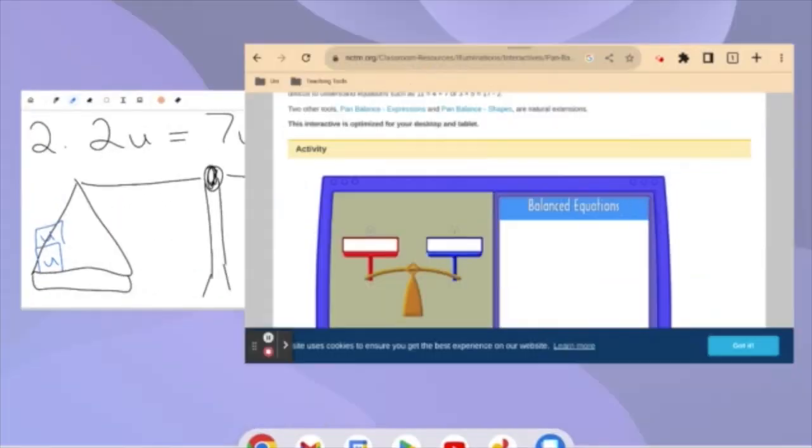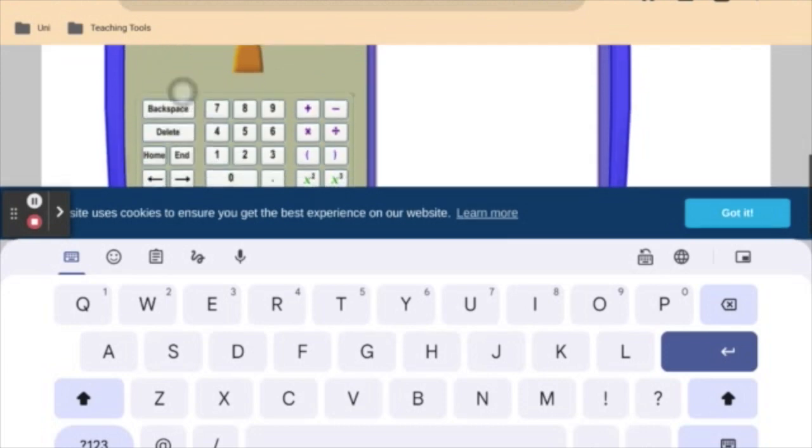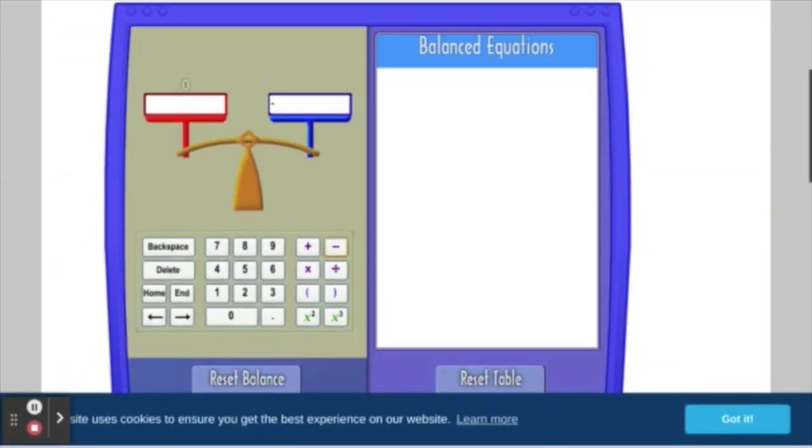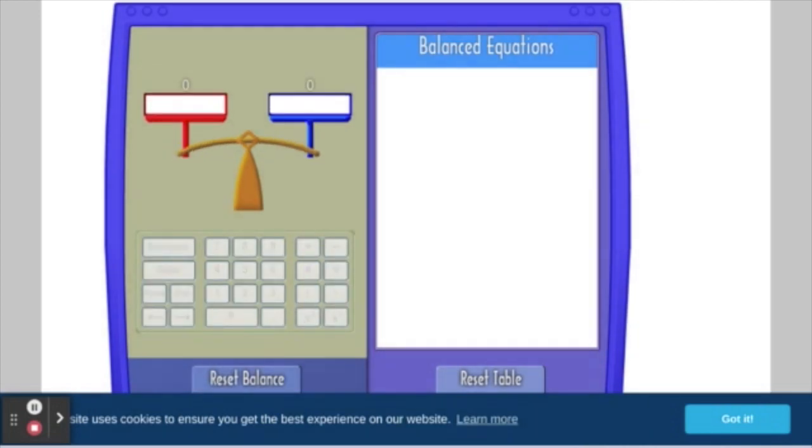So say I put into my right hand side, just to really mimic the equation, -20. Notice my scale gets imbalanced, right? And if I have -20 on my right hand side, that's the equivalent of if I just had 20 on my left hand side and nothing on my right hand side. Let me show you what I mean by that.